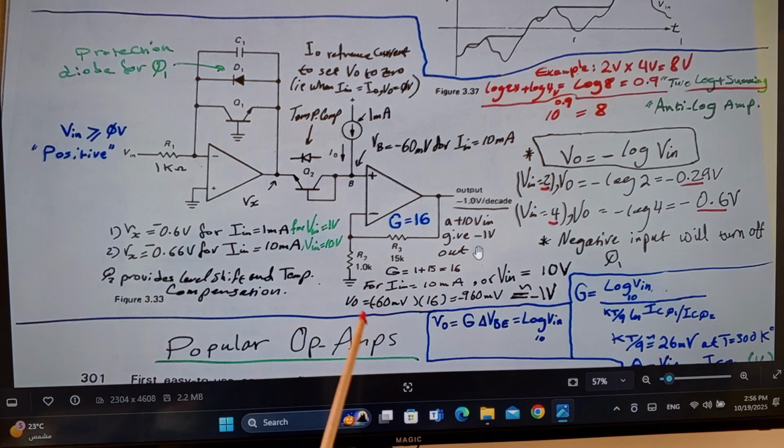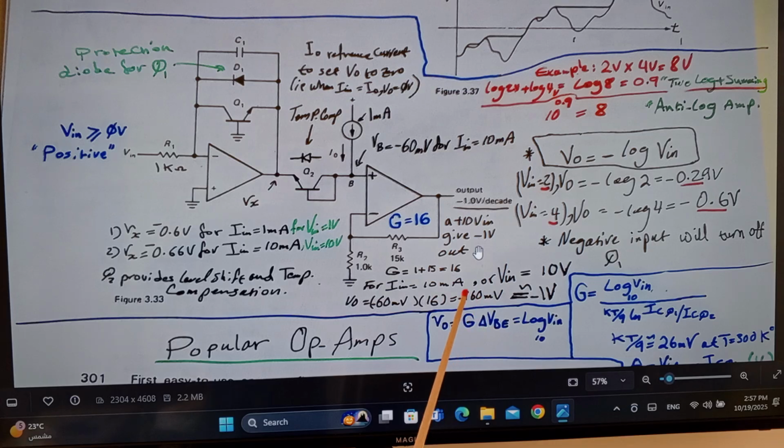Actually, the 60 millivolts, you have to multiply it by a number to be equal to about that 1 volt here. That's why I was saying that you can change the base of that log to whatever you want. And here we have it to the base 10, log base 10, okay? That's why we have it around 16. And we got here about 960.